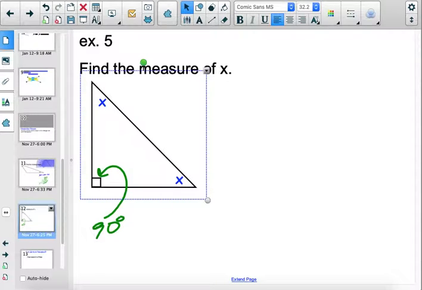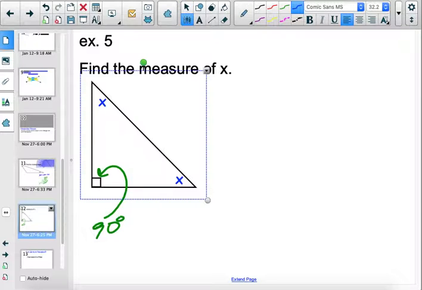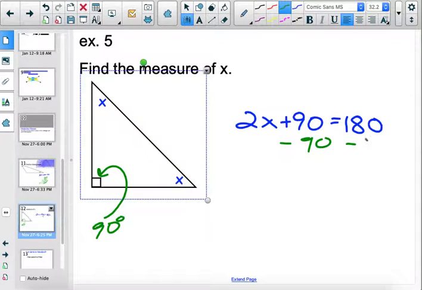So what are two numbers that would put all that together to equal 180? 45. How'd you get that? Because 45 plus 45 is 90, and 90 plus 90 is 180. Good. You could have thought about it as two x's plus that 90 equals 180 because it's a triangle. He realized that by taking away 90, he only had to solve for 90 more.